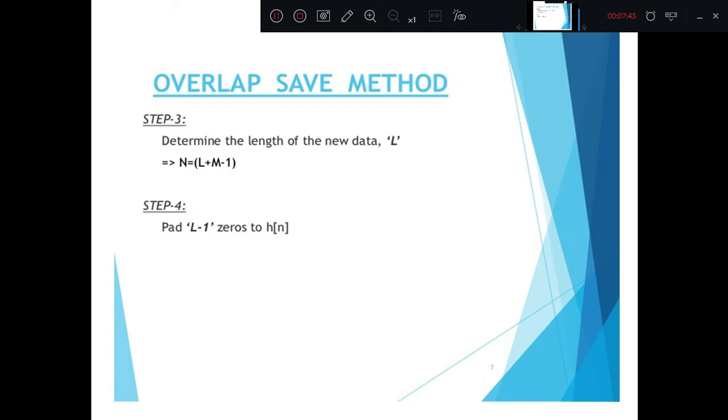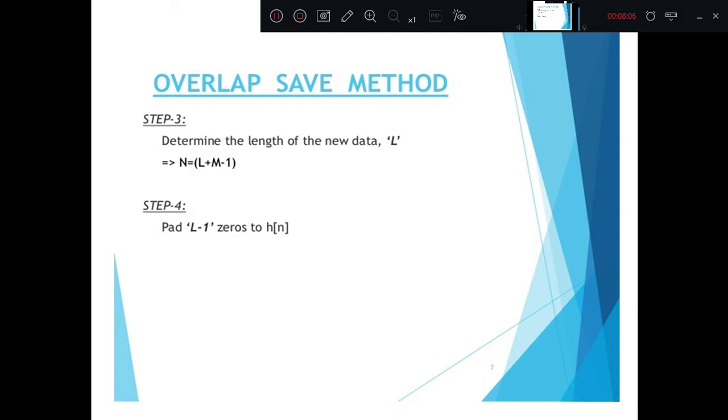And after that, before you perform the convolution, either linear convolution or circular convolution, if you take the circular convolution, as we discussed, to perform the circular convolution the length of both the sequences should be what? Same, right?